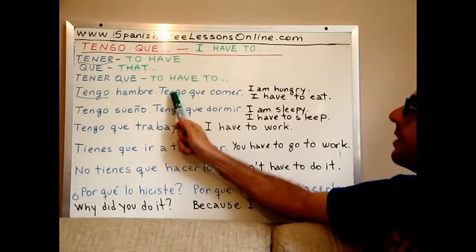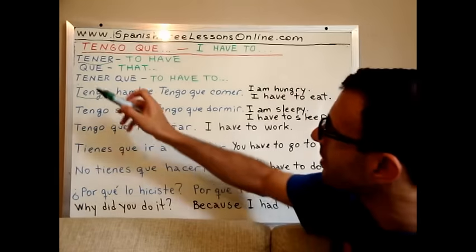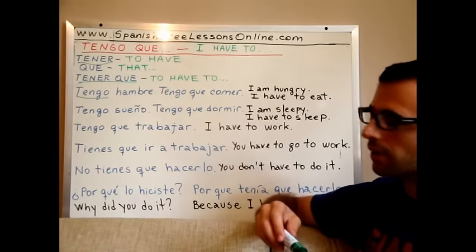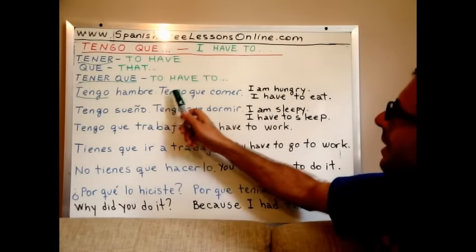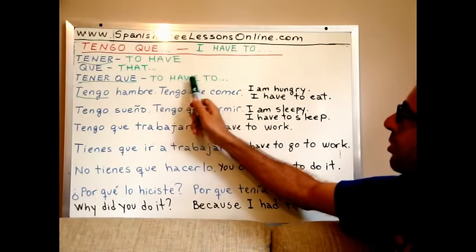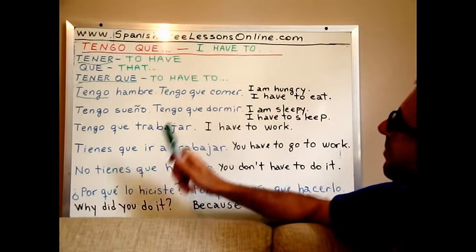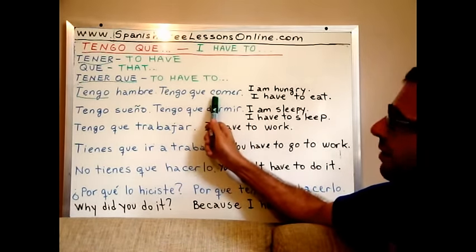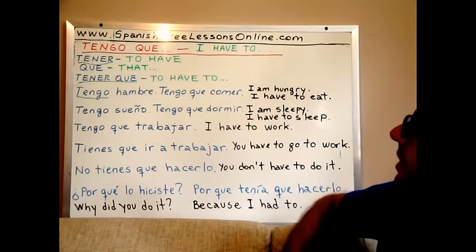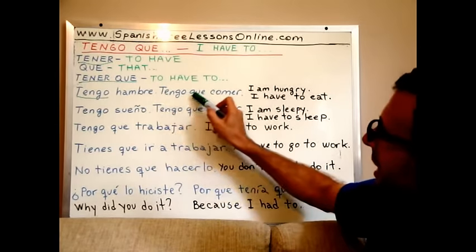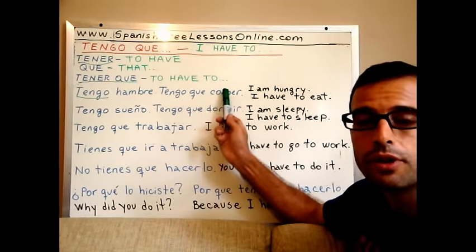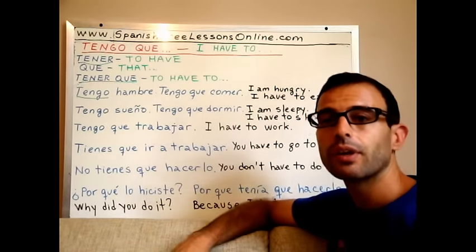Here, however, tengo que is the second usage of tener, right? So, tengo que comer. I have to eat, right? Comer is to eat. So remember that when we use tengo que or I have to, later comes the verb in infinitive, right? And why is that?